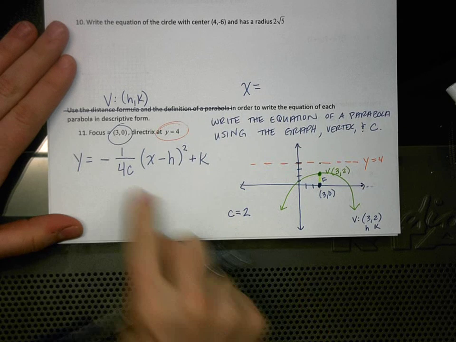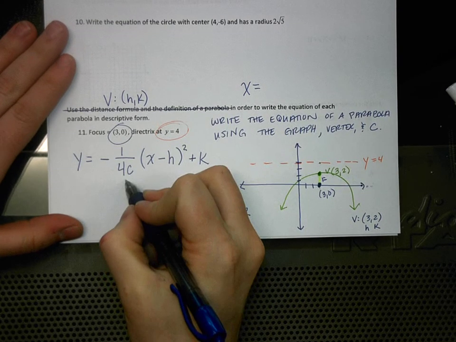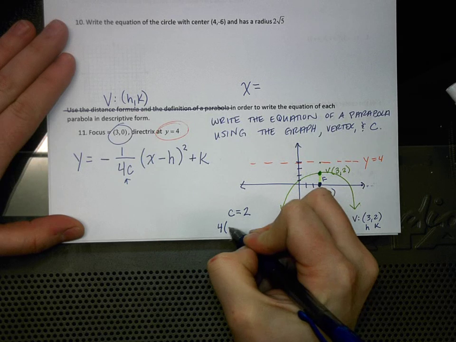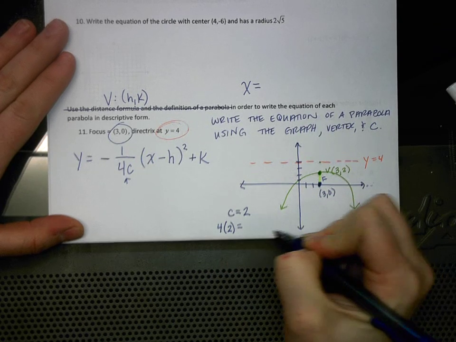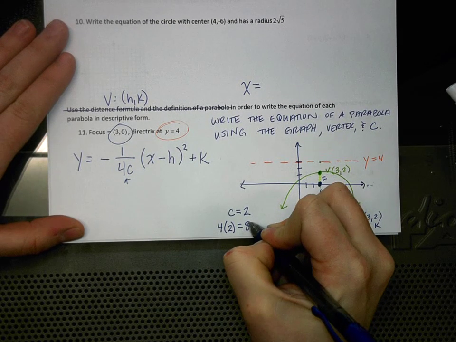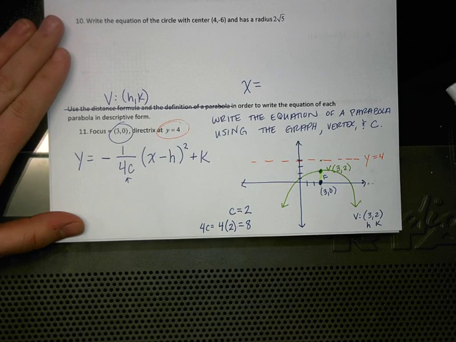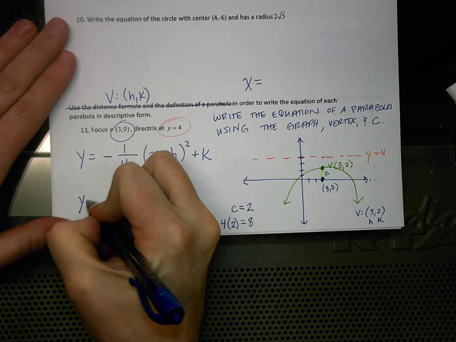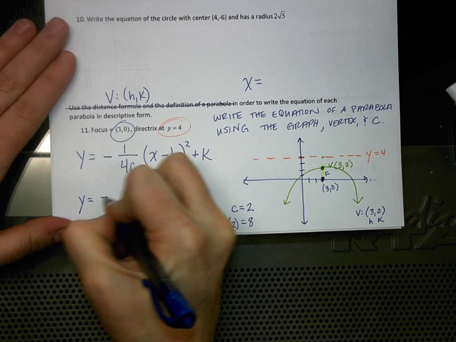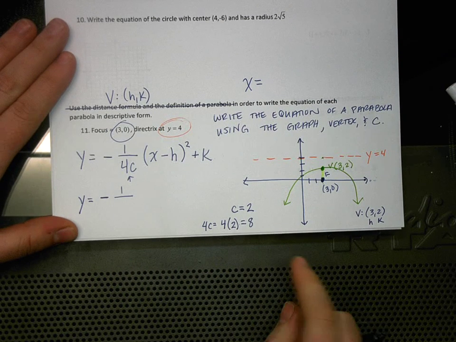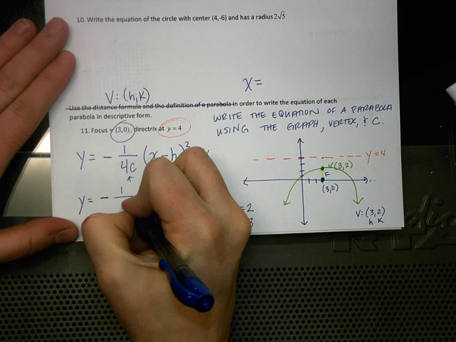If C is 2, we want to find what 4C equals, because that's this part right here. So 4 times C, which is 2, is equal to 8. So my equation opens down, so I want that negative out in front. 4 times 2 is 8, so 1 over 8.